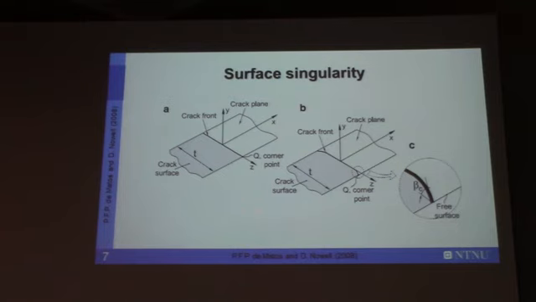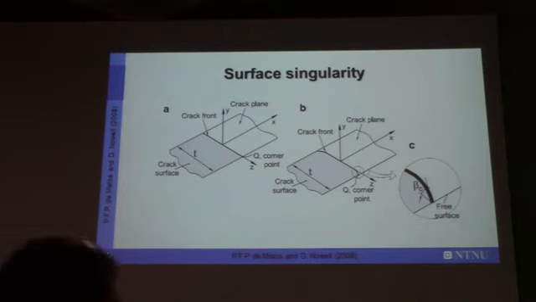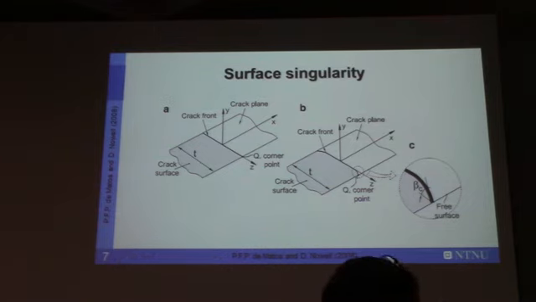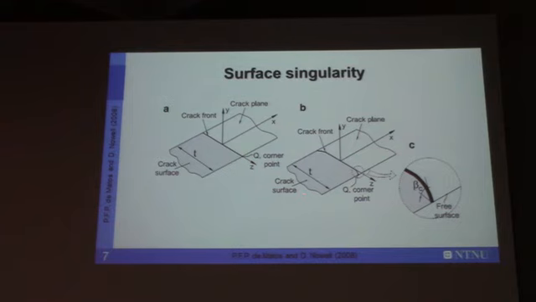Indeed, in the 70s, Bazant and Estenssoro discovered what we call the surface singularity. When we have a crack front, at the intersection between the crack front and the free surface, we have a point, and this is a corner point, and they found that there is a singularity of the stress field which is different with respect to the other points inside the plate.